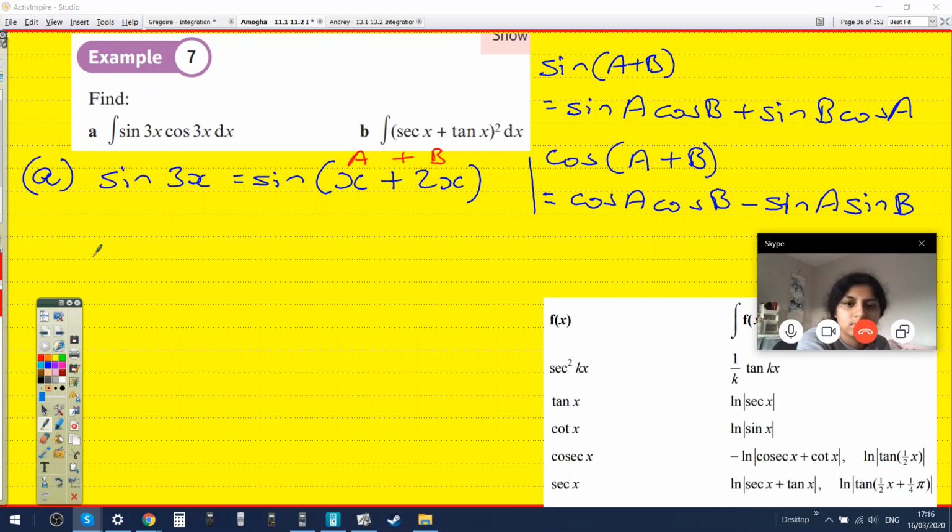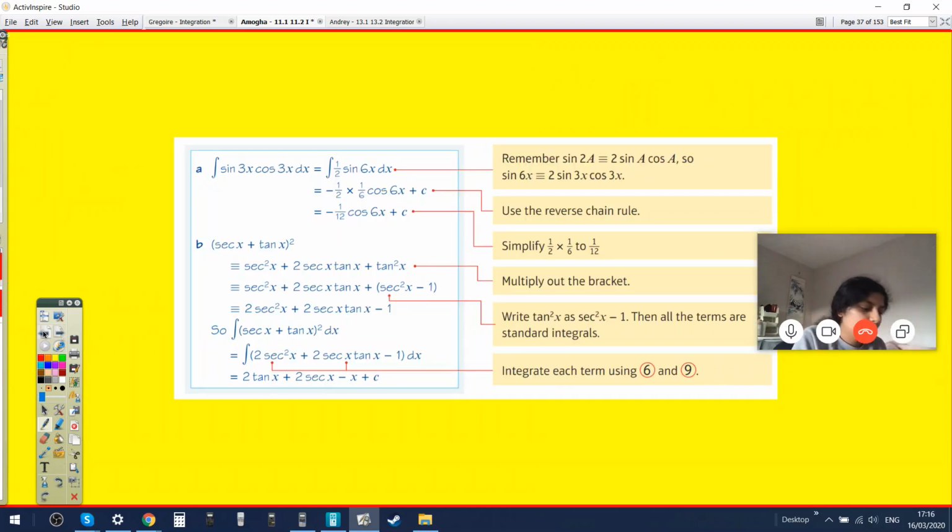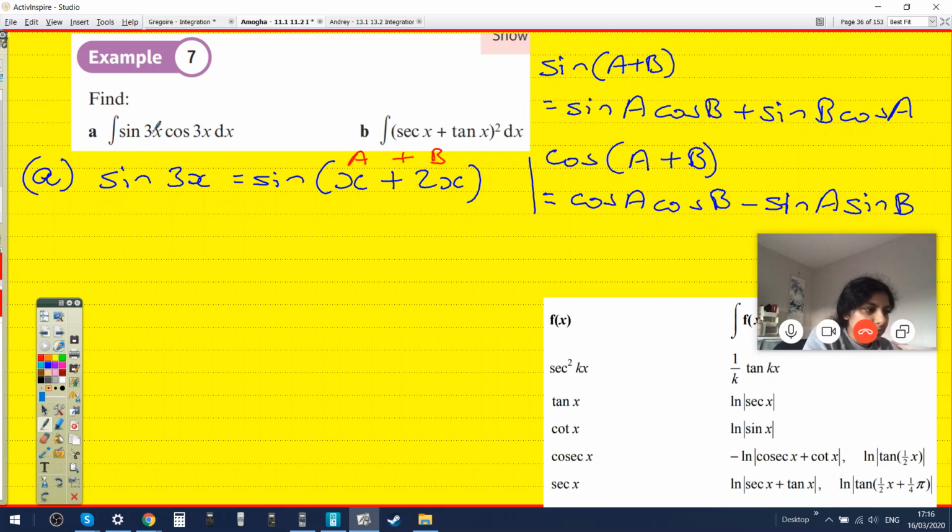So go on, what are you thinking? Because the derivative of cos 3x is minus 3 sine 3x. So if you put 3 outside the integration sign, then you can put 1/3 inside.